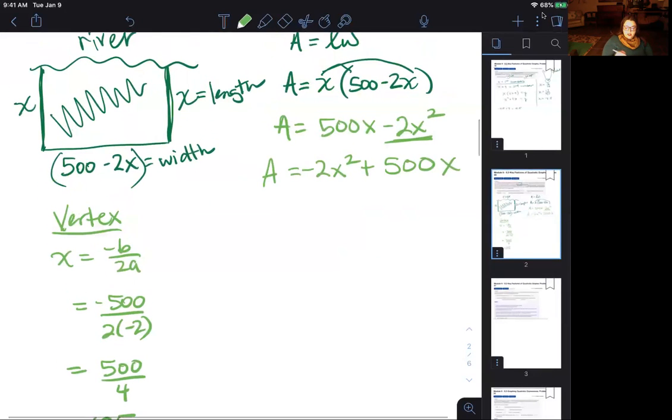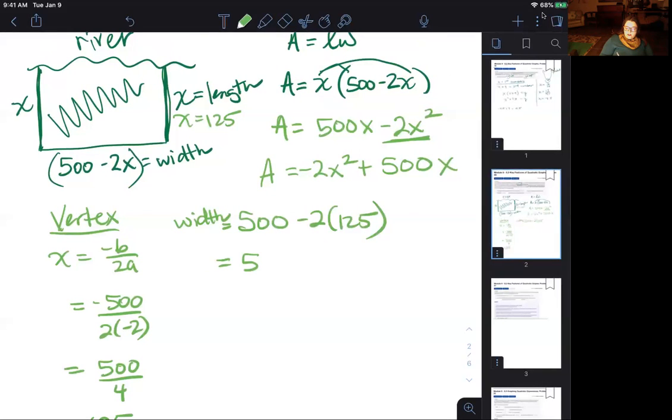So that means our length, x, is equal to 125. And then if we plug that value in here, we're going to find out what the width is. So the width is equal to 500 minus 2 times 125.